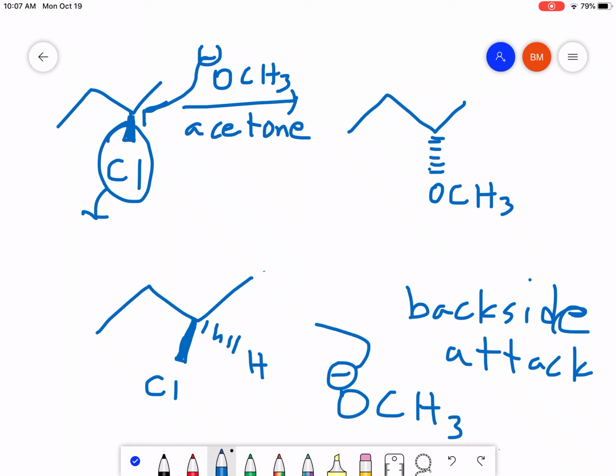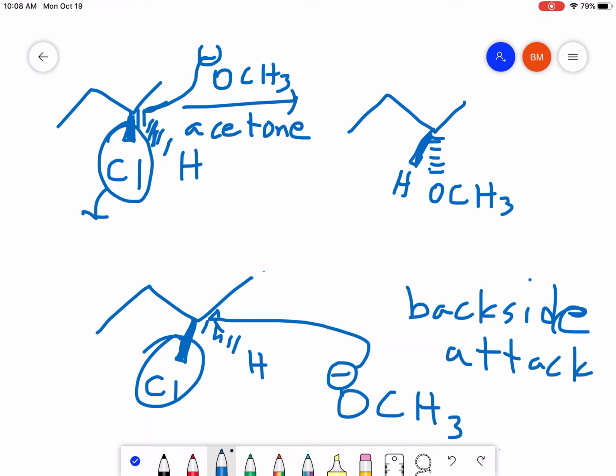It always wants to sort of sneak around the back. And because it does this backside attack, it always ends up in the opposite arrangement or the opposite configuration as your leaving group, right? It'll attack from the back, and then it'll sort of bump that H forward.